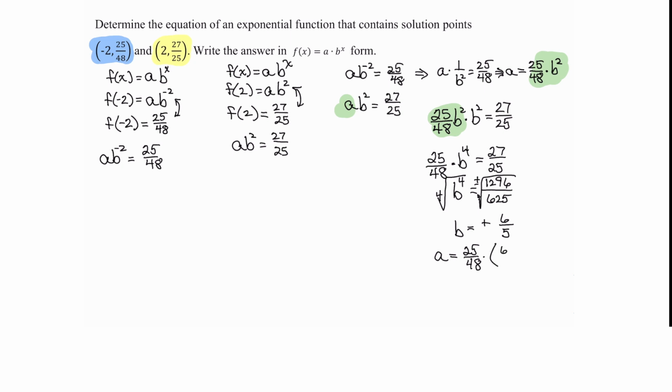So we're going to take our 6/5 squared. And this gives me a is equal to 25 over 48 times 36 over 25. And that simplifies to the value of 3/4.